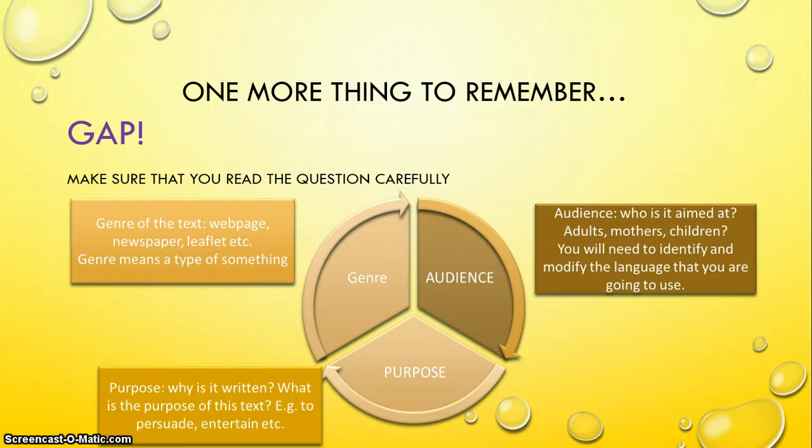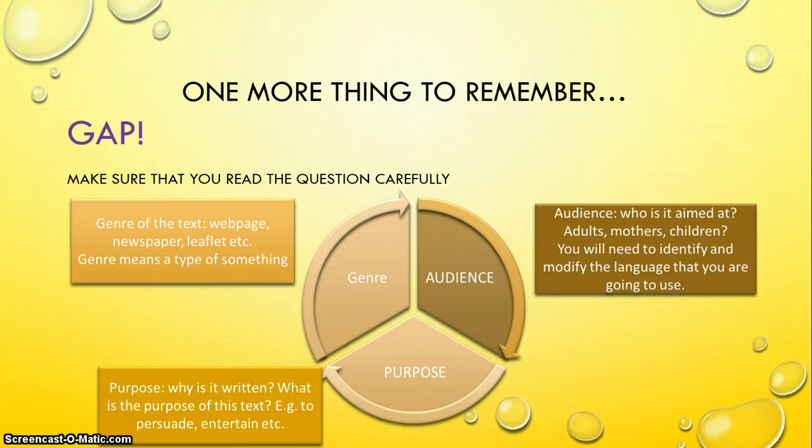Then, before even picking up your pen to write your final answer, you need to make sure that you look at the audience. Who is it aimed at? If it's for adults, then of course you're going to use formal language. If it's for children, you might want to use less formal language. So you can modify the language you're going to use. If it's for teachers or principals, then you're going to use extremely formal language: dear sir or madam, and so on and so forth.